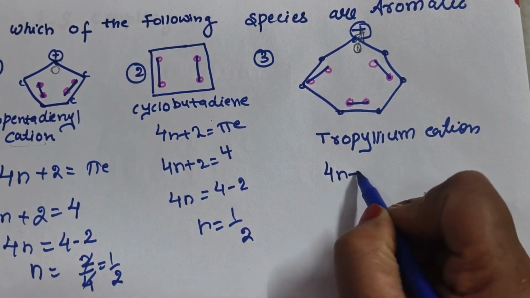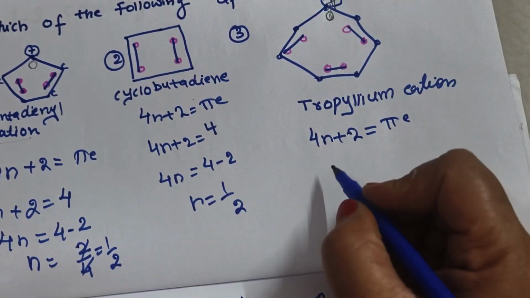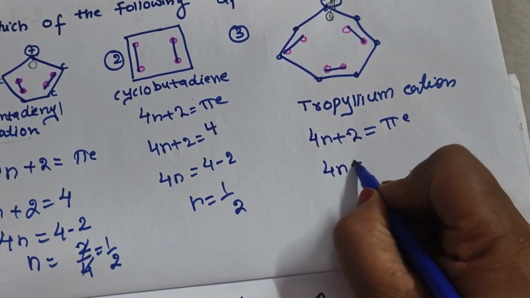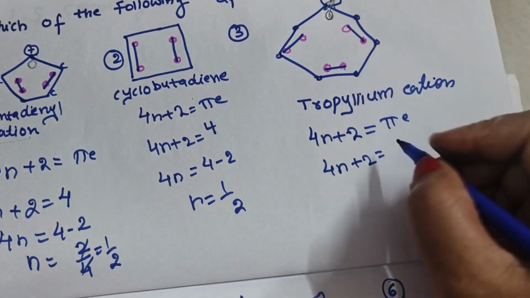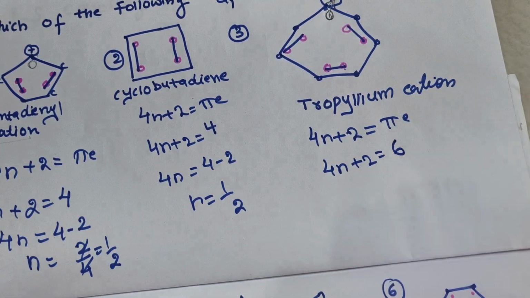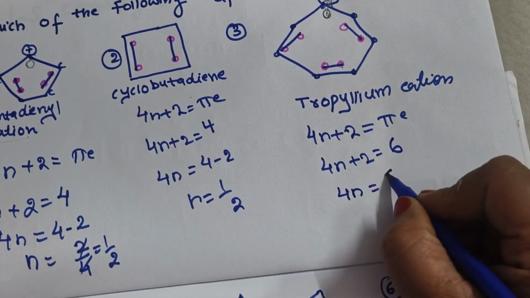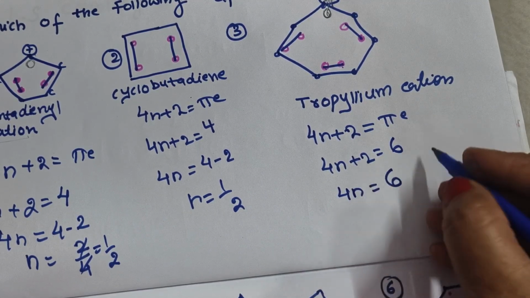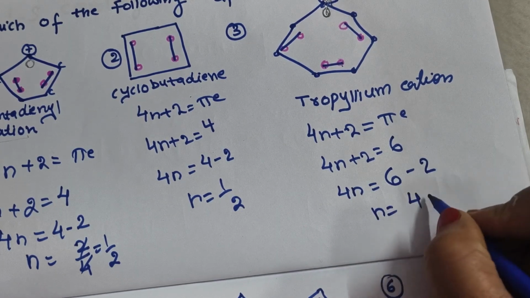Now 4n plus 2 equals the pi electrons. So what will we write? 4n plus 2 equals how many electrons? How many pink color electrons can you see? Here there are 6 pi electrons. So now, when you solve, 4n equals 6 minus 2, which is 4, so n equals 4 by 4.